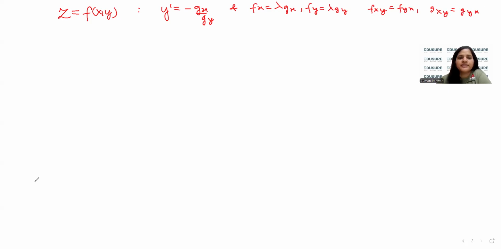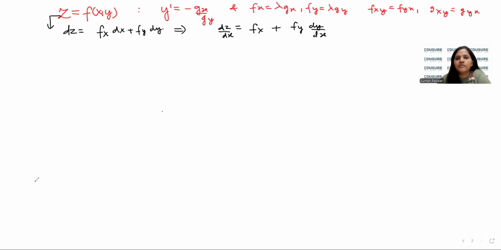So let us try to proceed. Now we have z, so we will have dz, the total differential, equal to fx dx plus fy dy. So this implies that dz upon dx is equal to fx plus fy dy by dx.